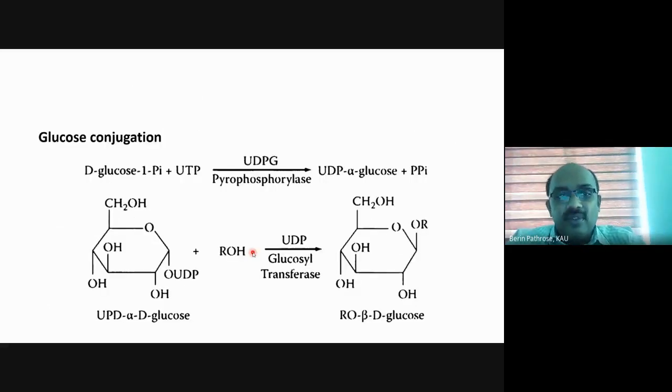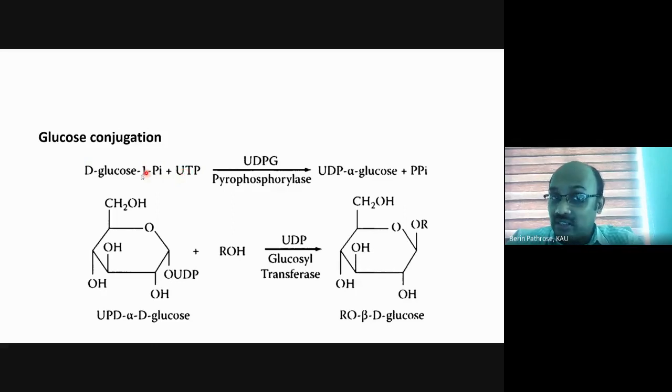See, this is glucose conjugation. This is an example of type 1. This is glucose 1 phosphate. It will react with UTP, uridine triphosphate. Uridine triphosphate contains energy just like ATP, adenosine triphosphate.